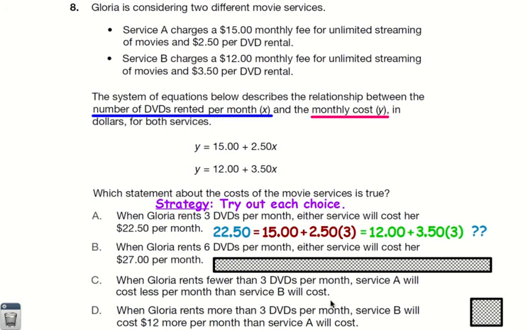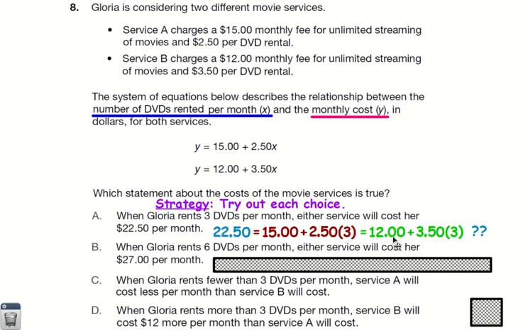So let's check it out. If we plug in 3 for X and $22.50 for Y, will it make both equations true? Is this true? If you do 15 plus 2.5 times 3, will you get $22.50?